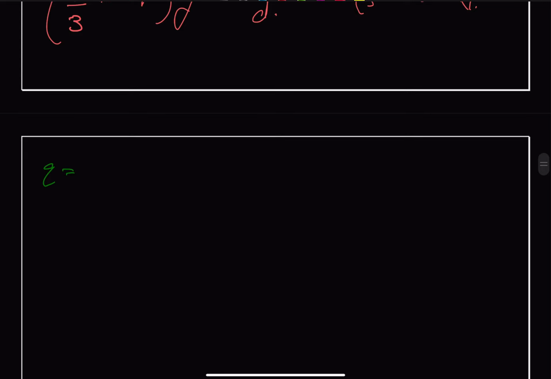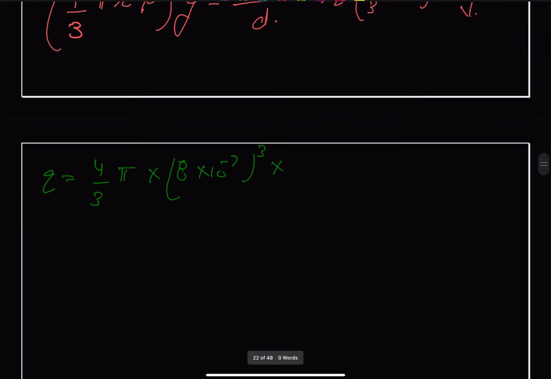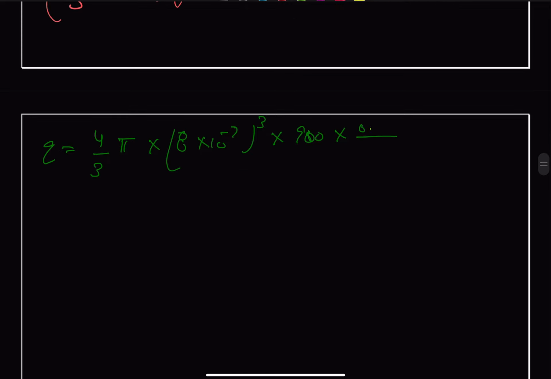We get Q is equal to 4 by 3 pi, and r cube, that is 8 into 10 to the power minus 7 whole cube, and density is given as 900, multiplied by the distance between the plates 0.01 and applied voltage 200. So we get the value of charge approximately equal to 9.65 into 10 to the power minus 19 coulombs.